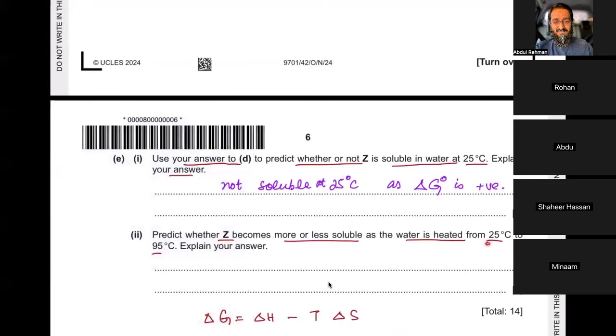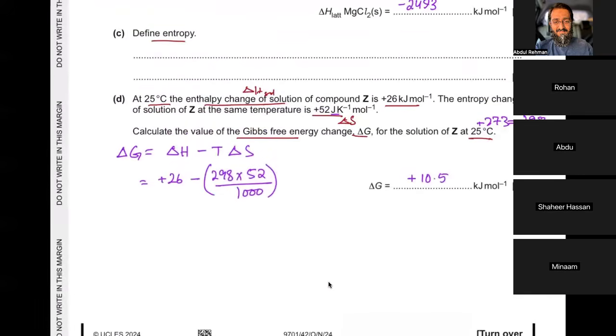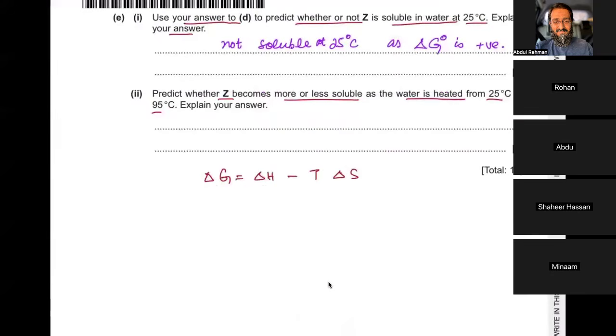If this value is going to be raised, then this whole thing is going to be more negative, and as a result, you will get the answer in the negative, right? So delta G will become negative, or it decreases. So as a result, the solution, it becomes more soluble. Yes, very good, Shahid.